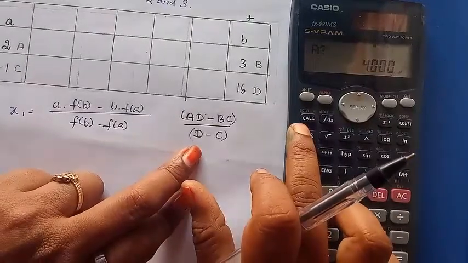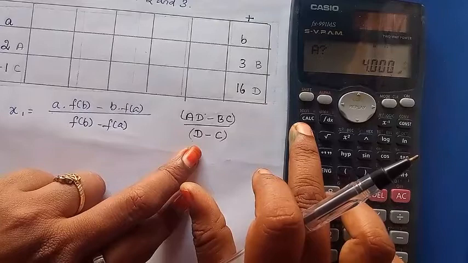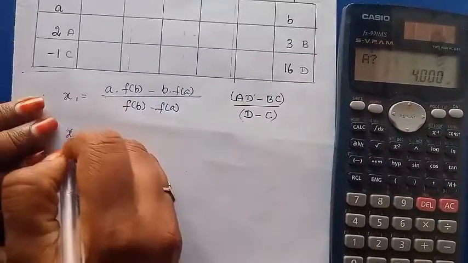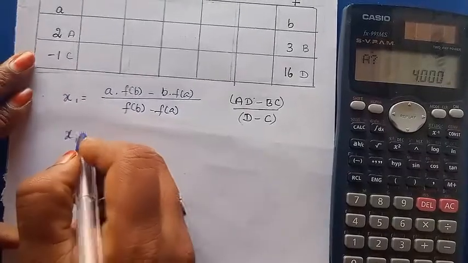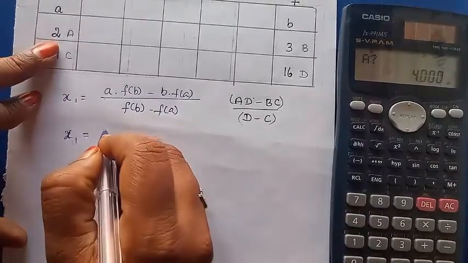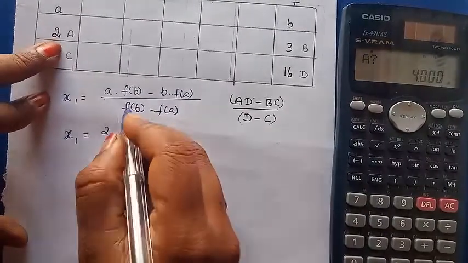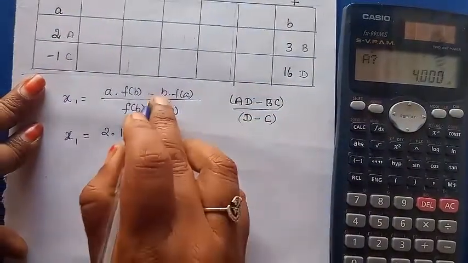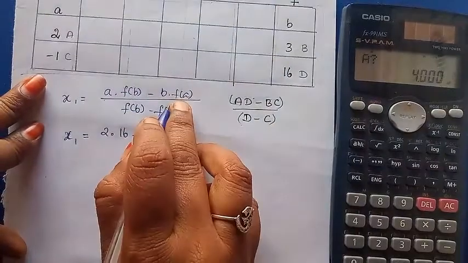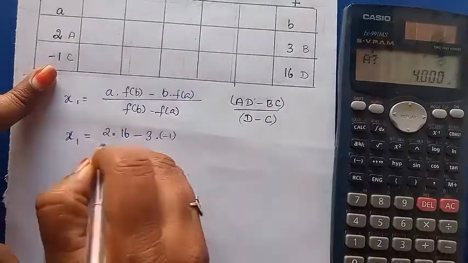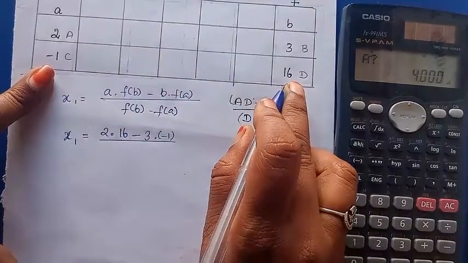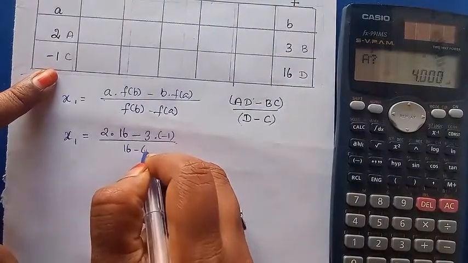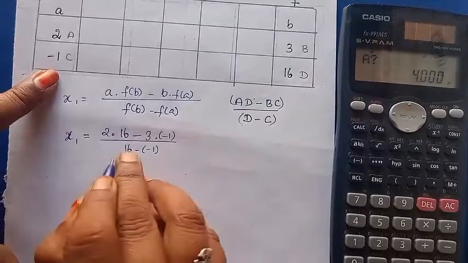Press the button CALC. It asks for the values of A, B, C, D. Before that, substitute the values that we have entered in the tabular column. So x1 equals A is 2 into f of B is 16, minus B is 3 into f of A is minus 1, divided by f of B minus f of A, which is 16 minus of minus 1, which is plus 1.